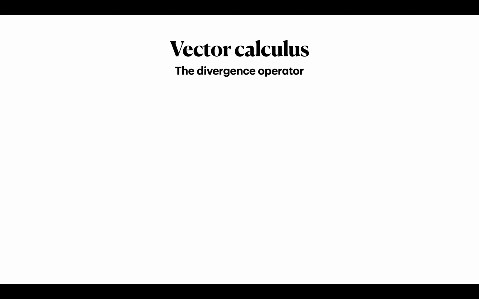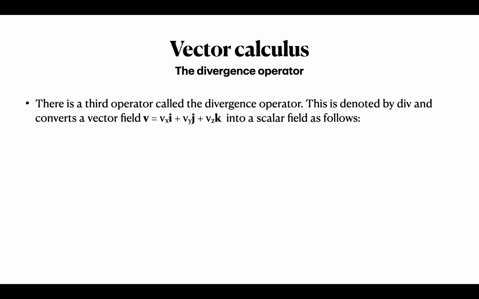The divergence operator takes a vector and converts it into a scalar. So it's the reverse of the gradient. And this is very important. If I ask you to do this in the exam and you don't give me a scalar, you give me another vector, you get 0. Because the whole point of the divergence is that it takes a vector field and reduces it to a scalar field.